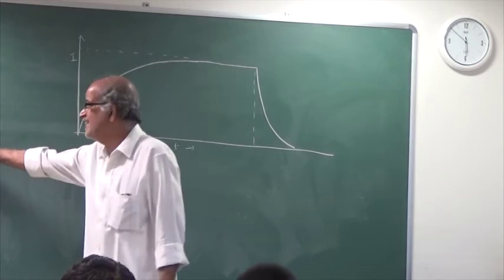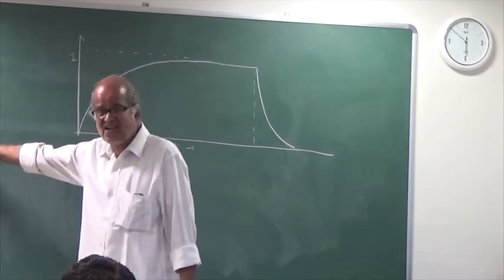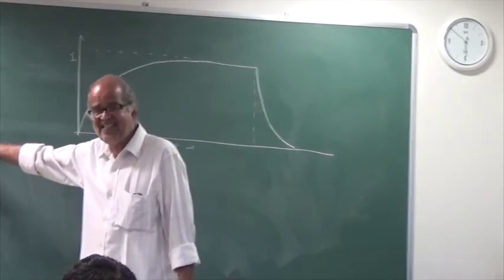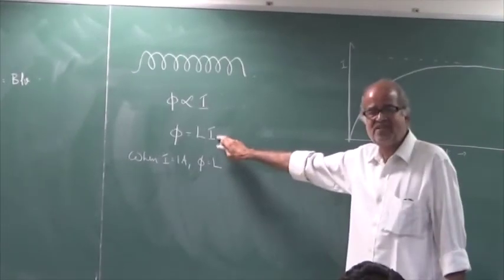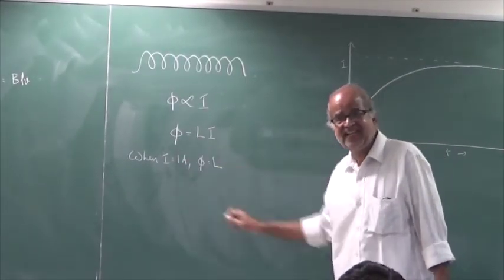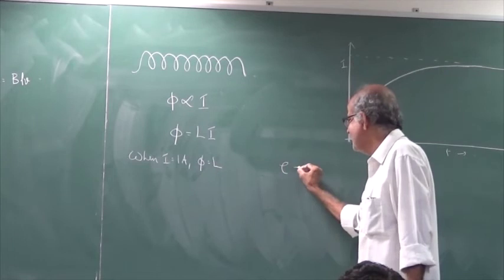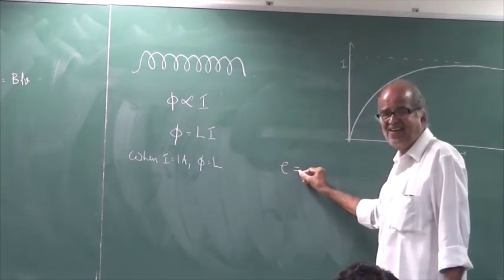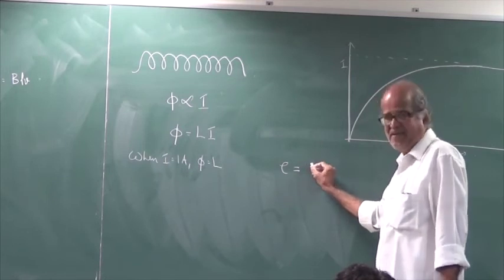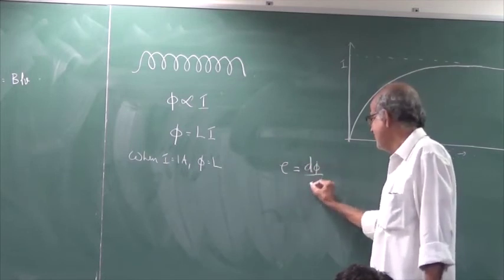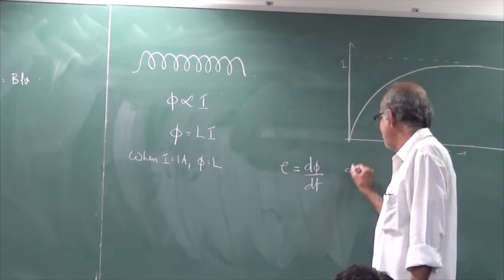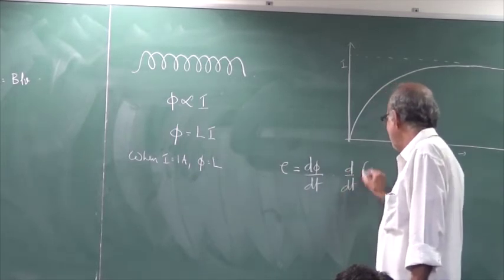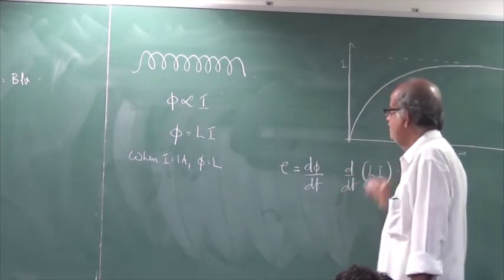Suppose this current flowing through the coil is changing with time. Obviously, phi will also change. If phi changes, then there will be an EMF appearing across the coil, whose magnitude is given by E equal to d phi by dt, d by dt of Li.